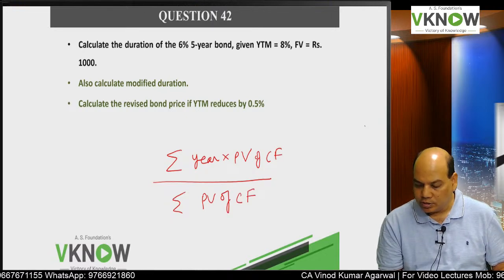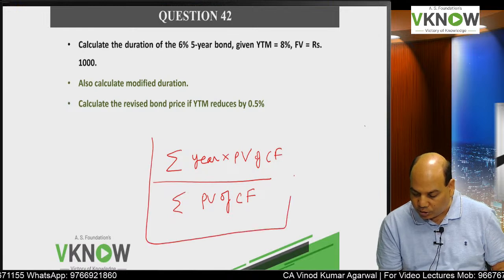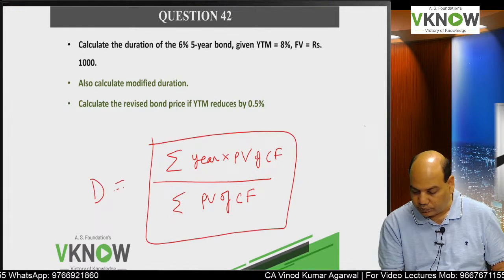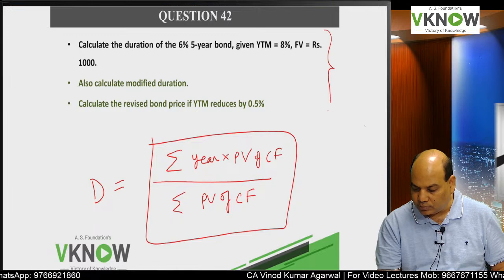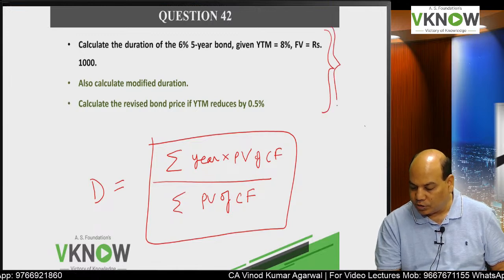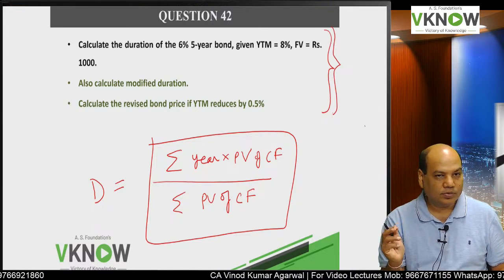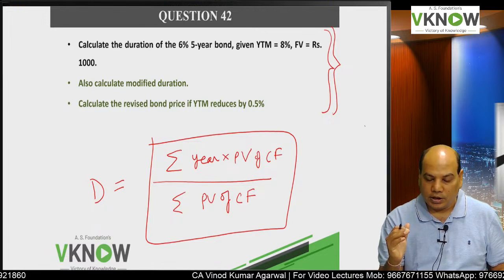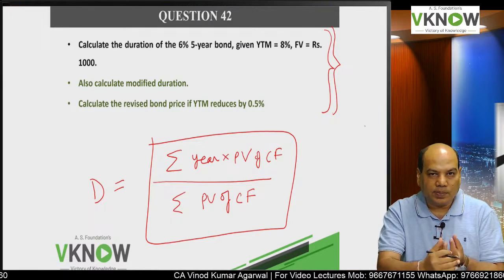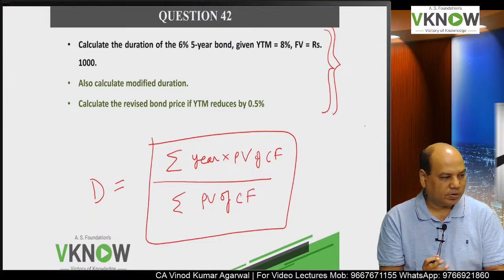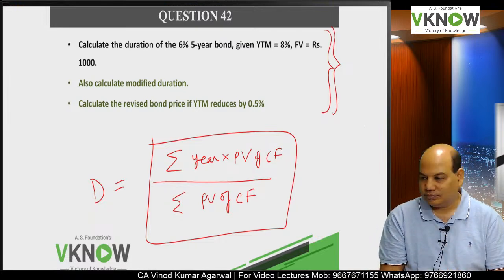This is what we did. Now I am going to apply this formula of duration by using this question. Question number 42 is for experiment purpose, concept problem, and then we will use this question as a base for developing more concept. Are you ready?